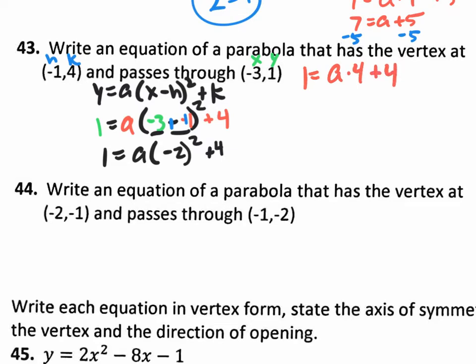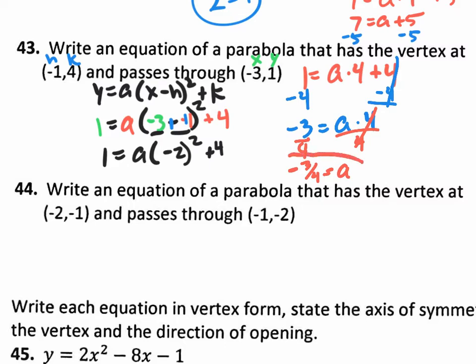Again, you want to get a by itself, so you're going to subtract 4 to get rid of this 4, subtract 4. You're going to end up with negative 3 equals a times 4. You don't want that multiplication of 4. You're going to divide by 4, and yes, a equals a fraction, negative 3/4. No big deal. All you need to know is what that a value actually is, so when you plug it in right here, you'll put that negative 3/4 right there.